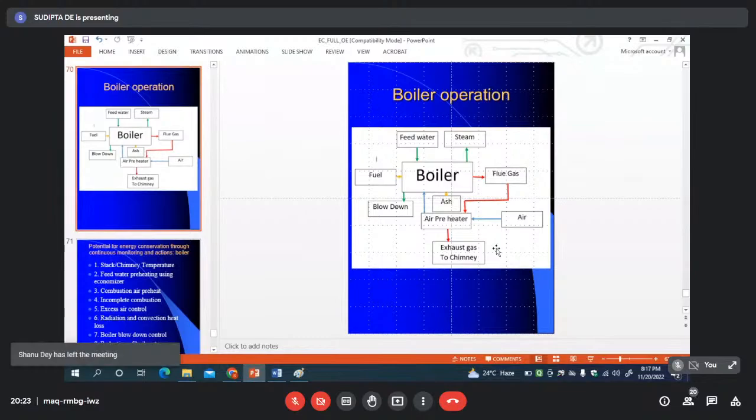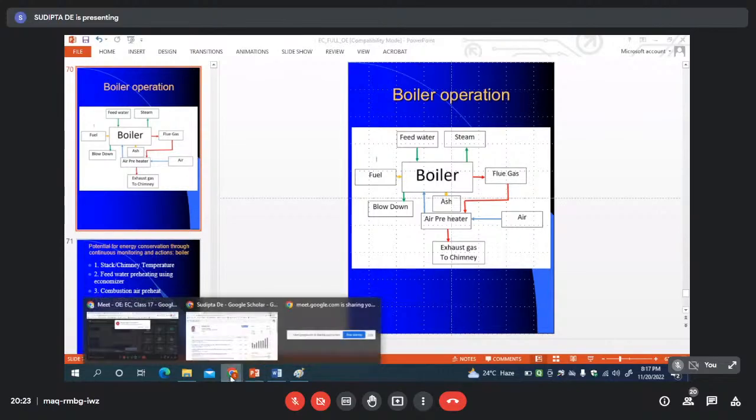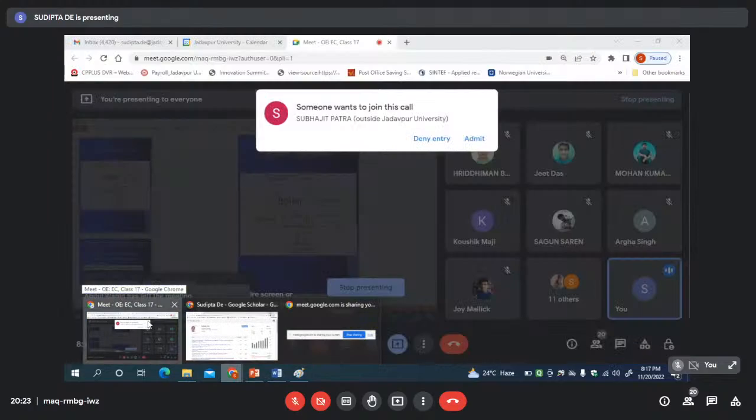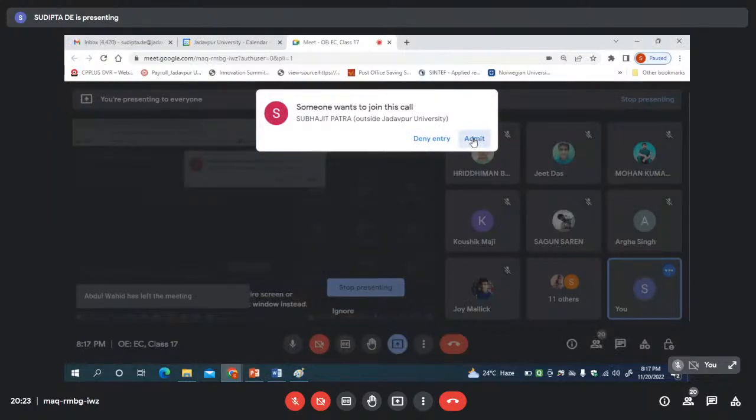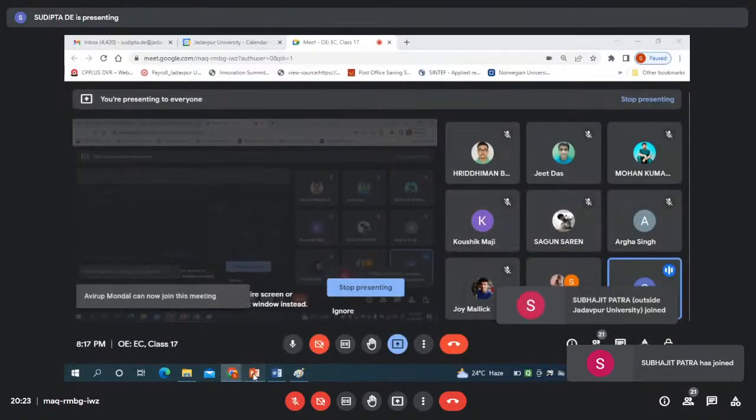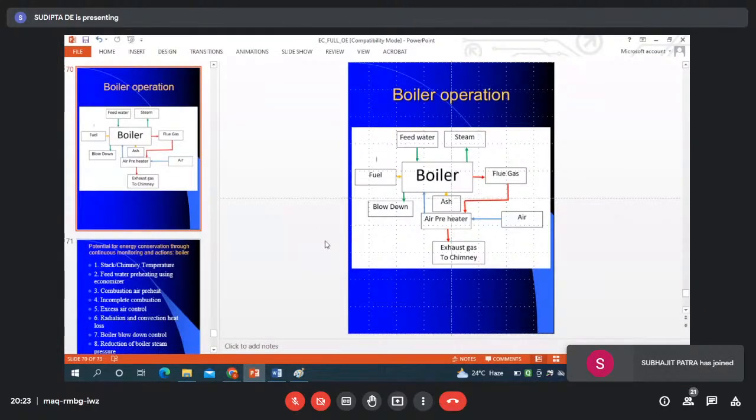In energy conservation also, we use condition monitoring very closely. Let's see how the condition monitoring issue comes into the boiler, and how the different parameters of the boiler can be continuously monitored to get better performance with respect to energy conservation.